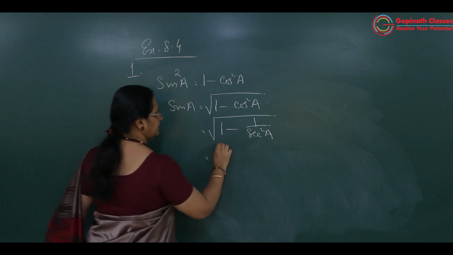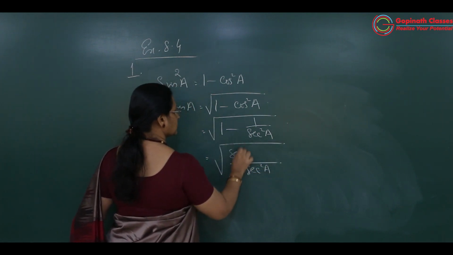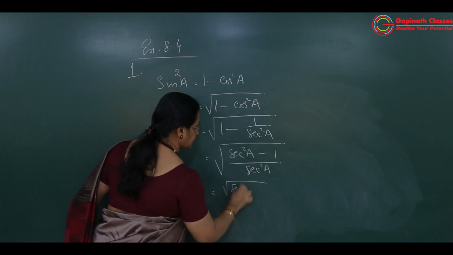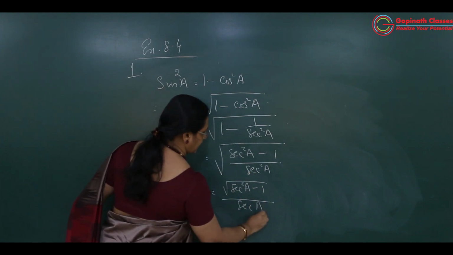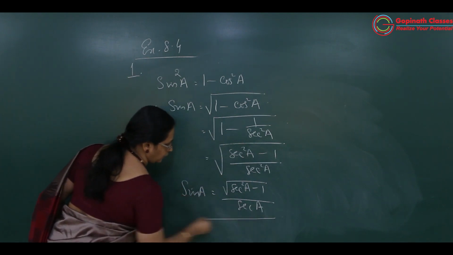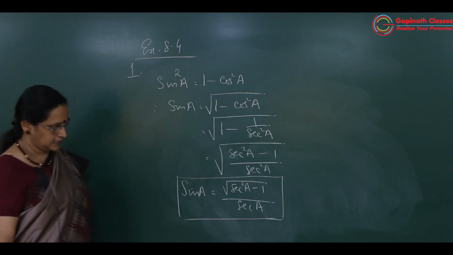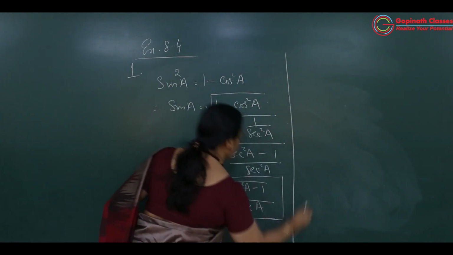We'll go for LCM, sec square A. It will come sec square A minus 1. So, numerator I can write sec square A minus 1, upon under root of sec square A, that is sec A. So, we got sin A in terms of sec A. Now, come to the second one, that is cos A.